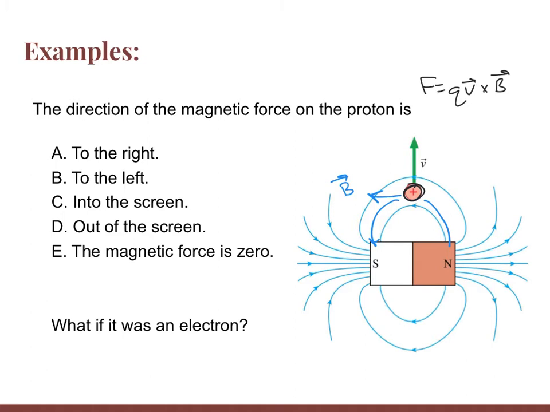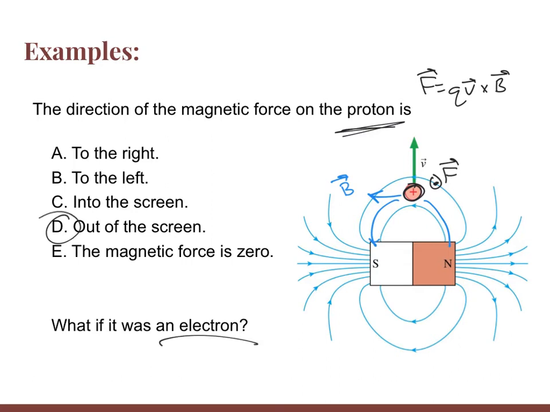Your thumb should be pointing up out of the page, which is represented by a dot. So we'd say force represented by a dot. It is out of the screen because this is a proton. And yeah, that would be all it is. It's out of the screen.